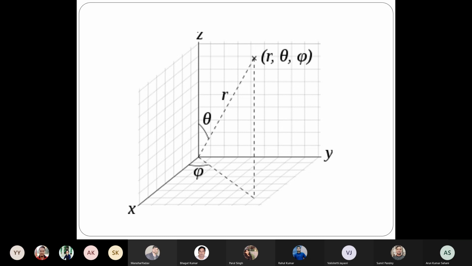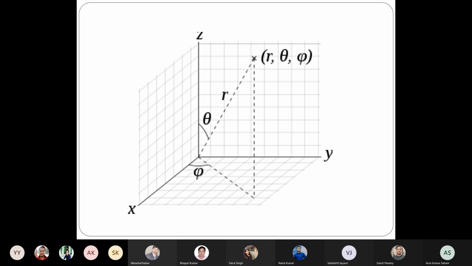Now the next point you need to target, and you need to measure the coordinate of the next point in the defined coordinate system. So what you do, from the origin of the coordinate system, you target a particular, let's say, point P1, and you measure the distance.